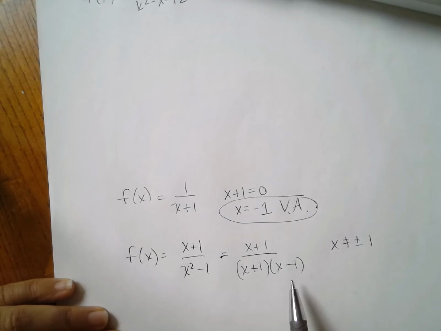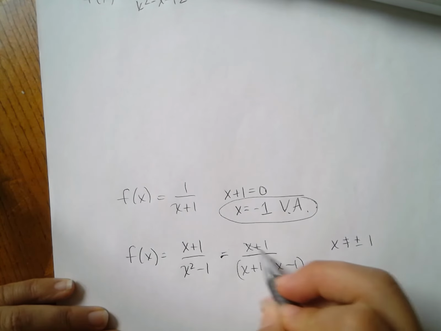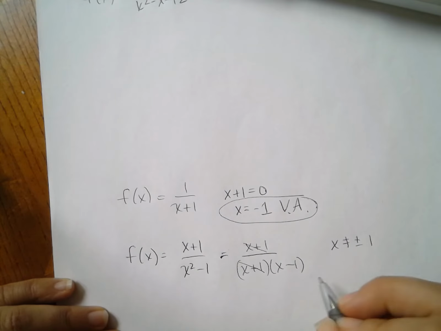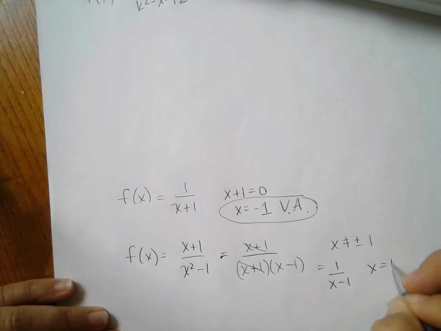Because when I set these both equal to 0, I can't plug in 1 or negative 1 because that would make my denominator 0. But these are not both vertical asymptotes because these have a common factor. So I simplify this first and I end up with 1 over x minus 1. That means that x equals 1 is a vertical asymptote.